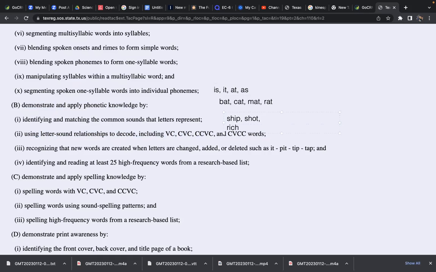Consonant, vowel, consonant, consonant. And here we have ch, that ch sound, which makes one phoneme, but it is clearly two graphemes.